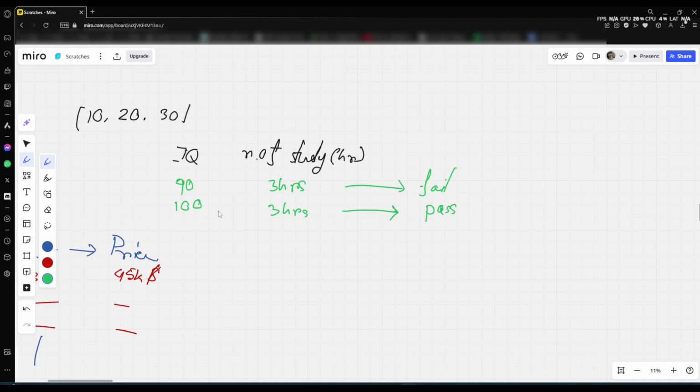So this is just a vector representation. This is a vector. This is another vector. We have two vectors with two features.